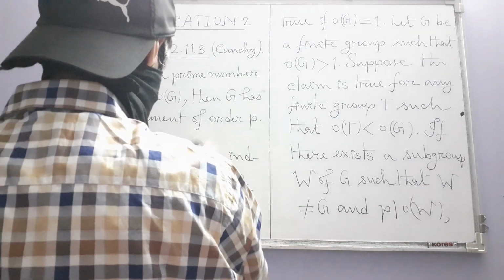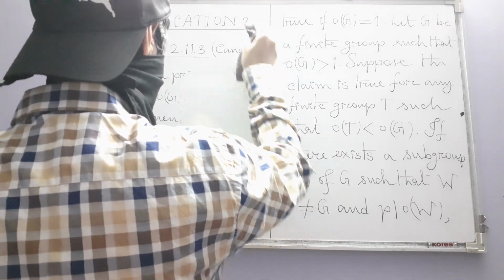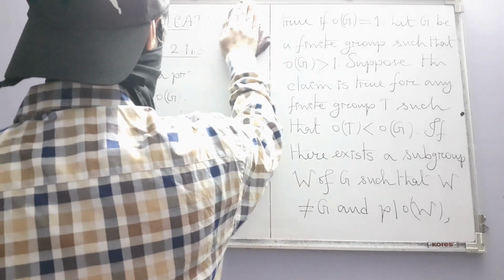But then W would have an element of order P, and hence G would have an element of order P. So in that case, we would be done.